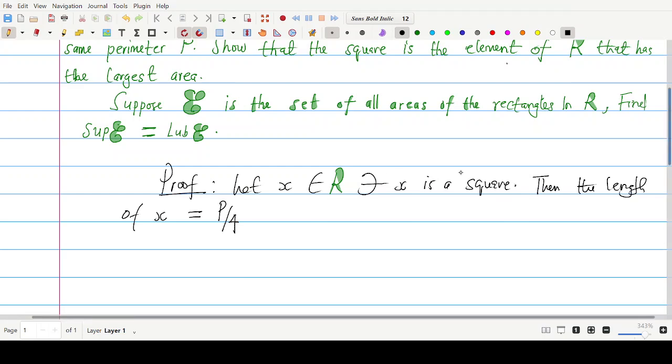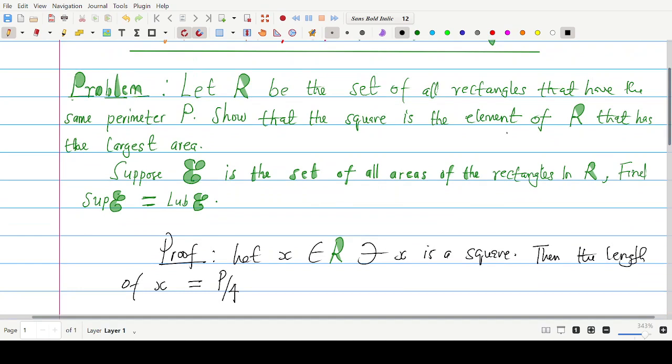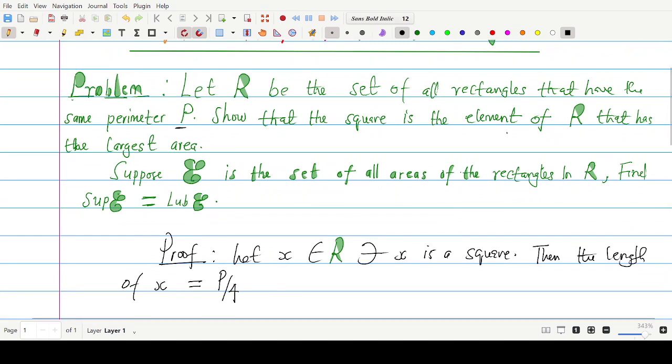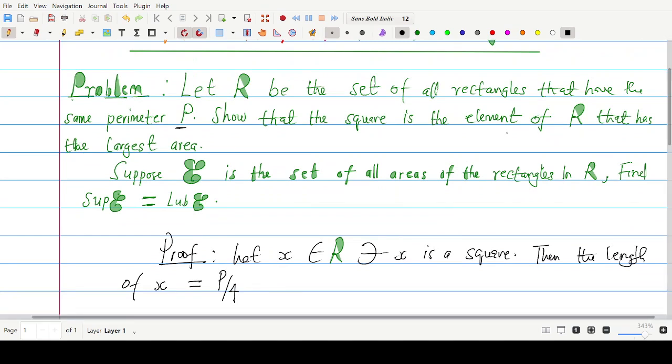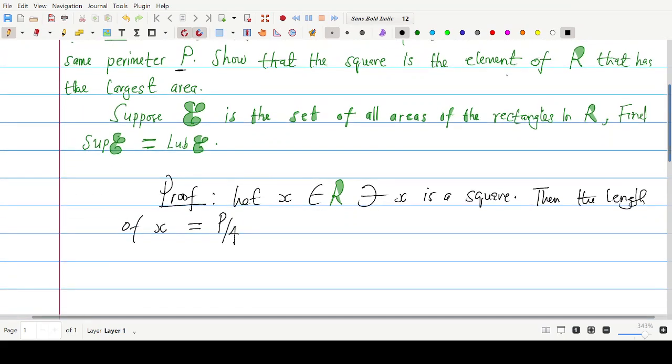Now, this is the reason why I said so. We are told that R is a set of all rectangles that have the same perimeter P, all right? And we know that a square has 4 equal sides. Let me illustrate so you get what I'm talking about. Look at this. We have this as a square. Now, for the perimeter of this square to be P, each length must be P over 4, P over 4, and this also.